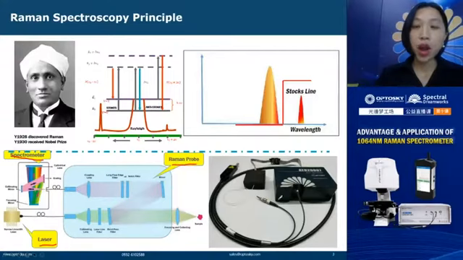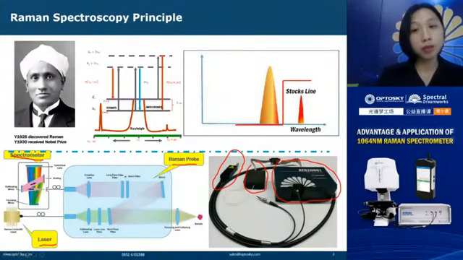Correspondingly, this is the probe, this is the laser, and this one is the spectrometer. Whatever a Raman spectrometer looks like outside, just inside the housing there are 3 main components composing this instrument.